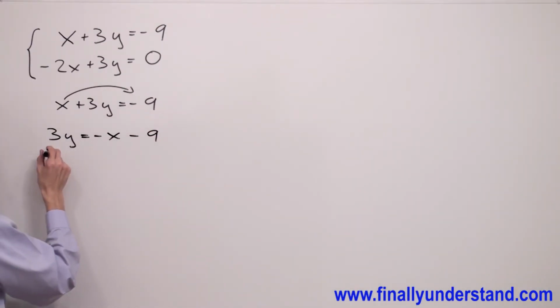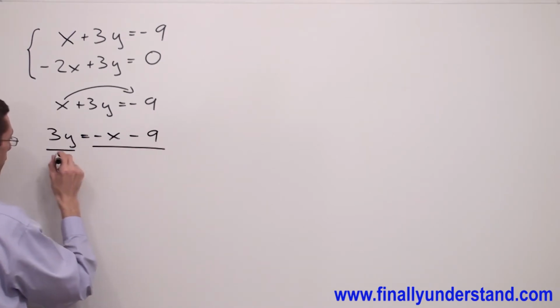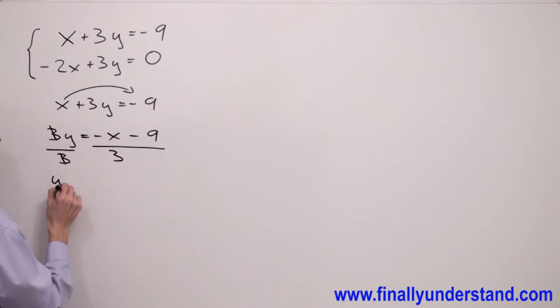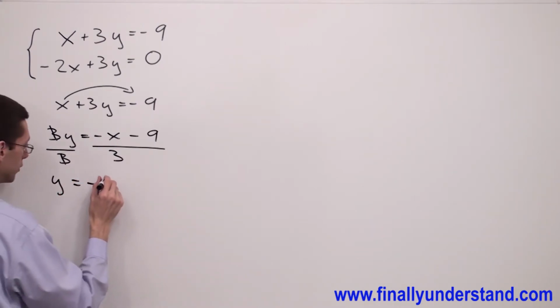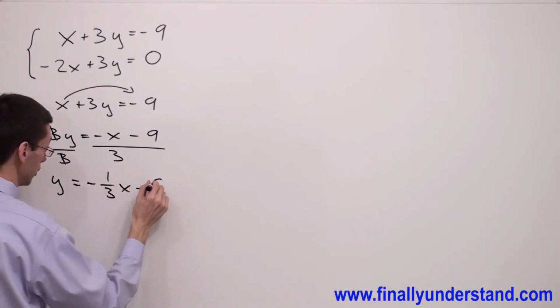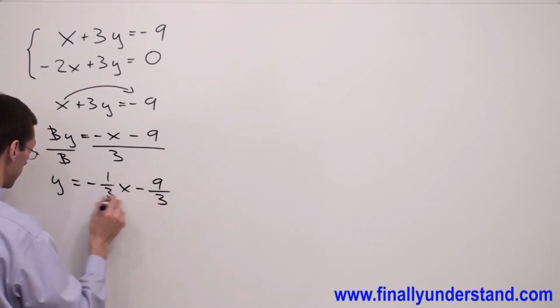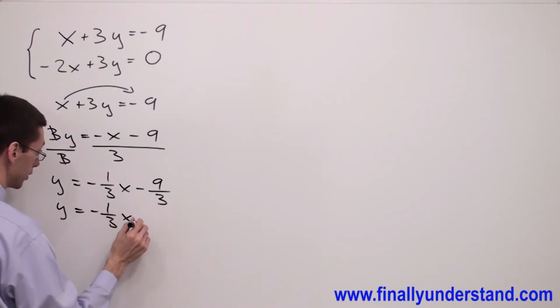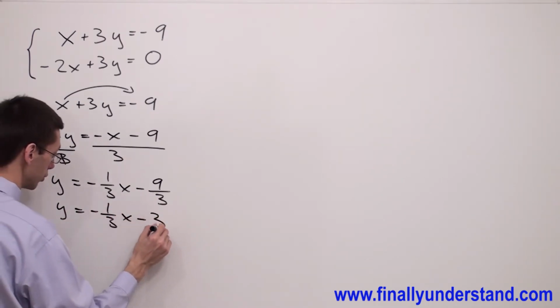Next, I'm going to divide both sides of the equation by 3 because I'm looking for y. 3 and 3 cancel out. y is equal to negative 1/3 x minus 9 divided by 3, so y is equal to negative 1/3 x minus 3.